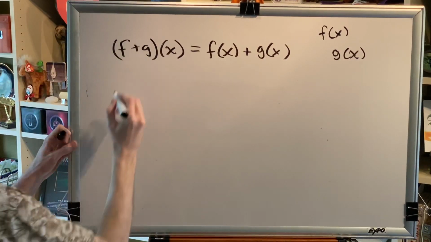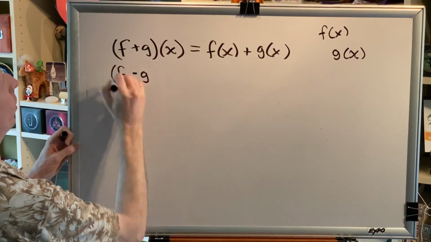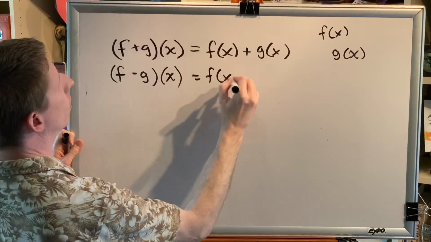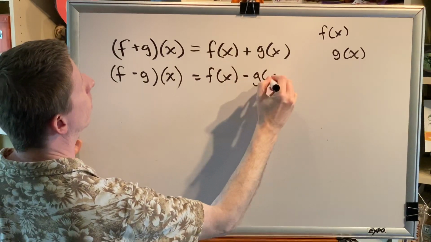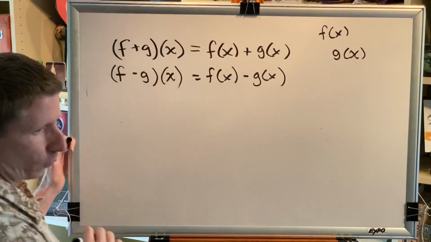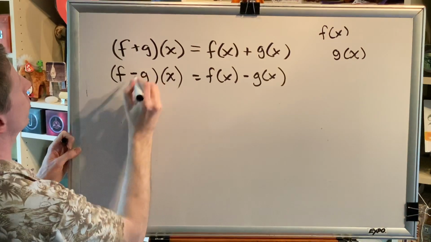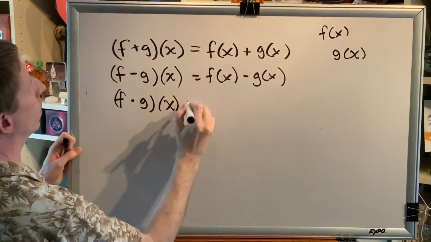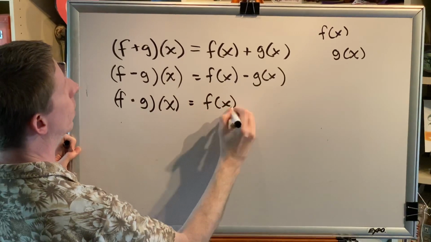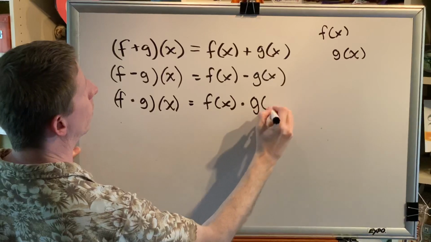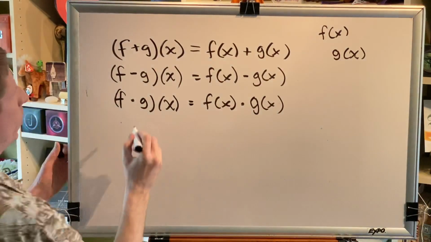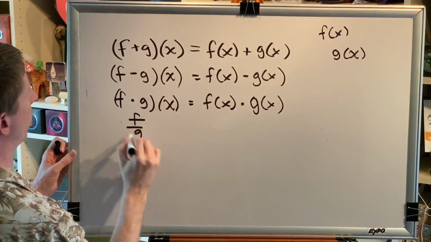If we subtract the two functions, we give them the new name f minus g. If we multiply the two functions, we give them the new name f dot g. And if we divide the two functions, we give them the new name f over g.